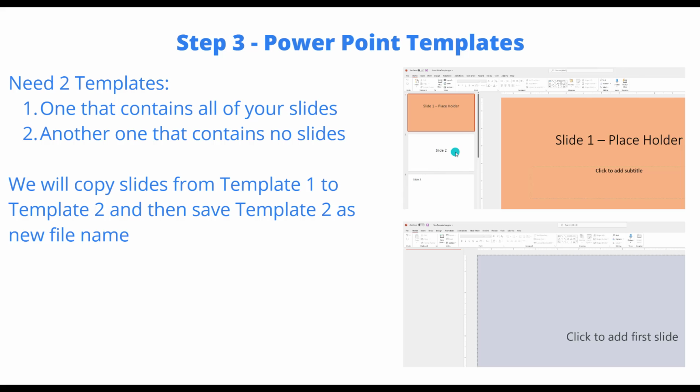Then we're going to end the slideshow, hit Control-C with the slide in context that we were just on, flip to our other presentation, Control-V to paste it, and then go back to the original PowerPoint template. So that's how we're structuring this.